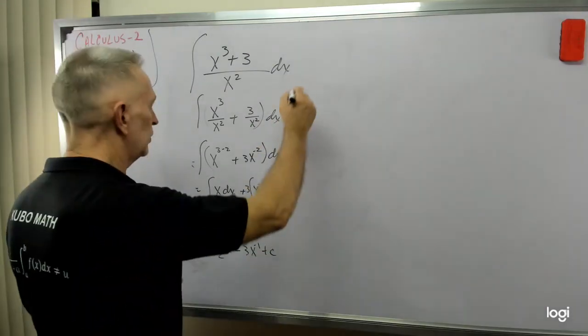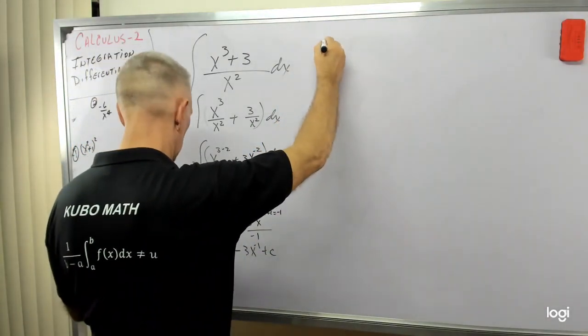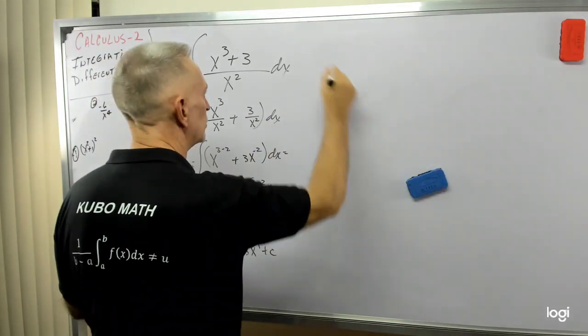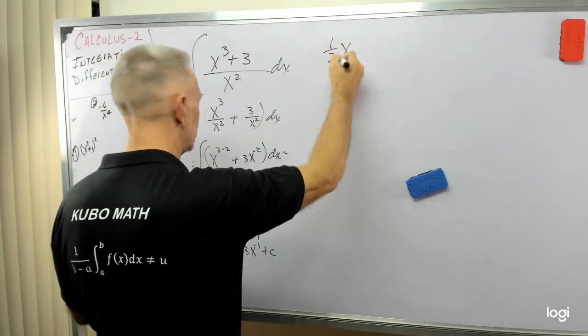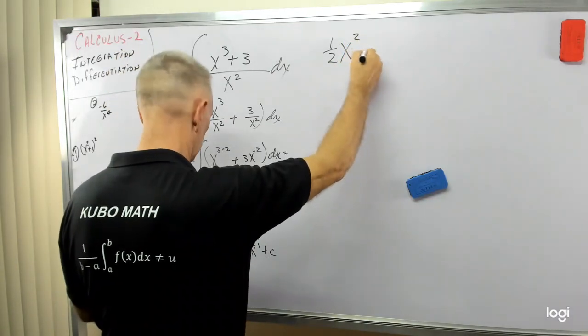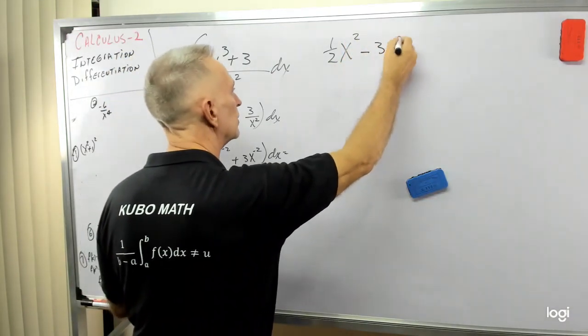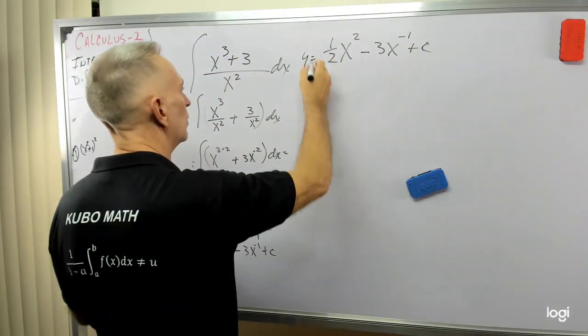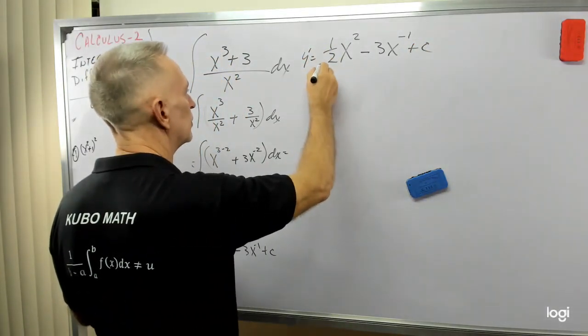I guess I need to move this one up here. So 1/2 x squared minus 3x to the minus 1 plus c. That's y. And we want to take y prime, which is the derivative of that.